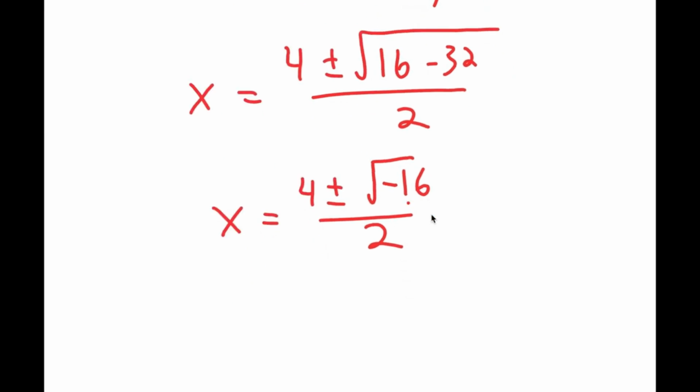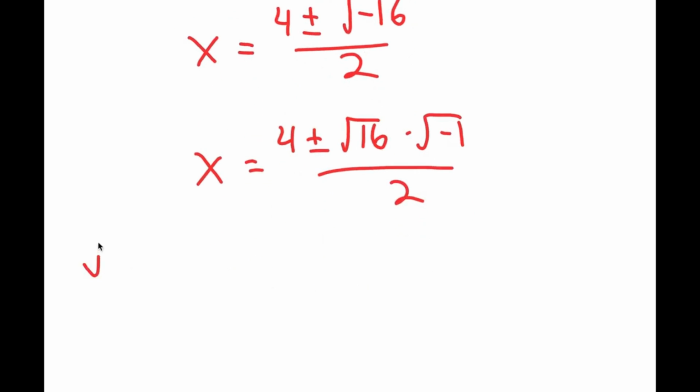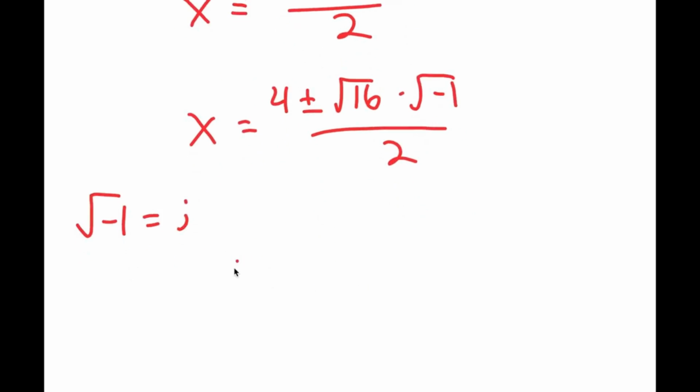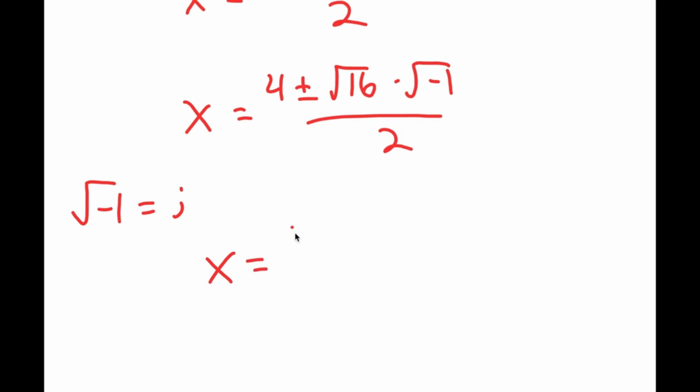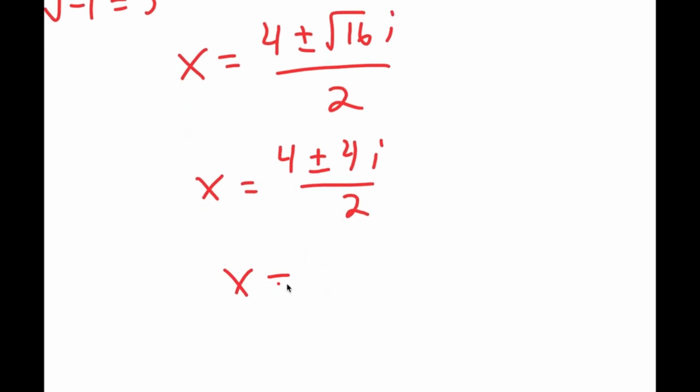So now, the square root of negative 16, I can rewrite that as the square root of 16 times the square root of negative 1 over 2, and the square root of negative 1 is equal to i. So I get x is equal to 4 plus or minus the square root of 16 i over 2, and the square root of 16 is equal to 4, so I get x is equal to 4 plus or minus 4i over 2, which turns into 2 plus or minus 2i.